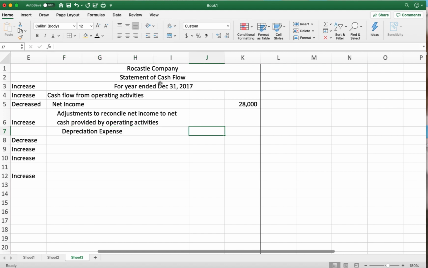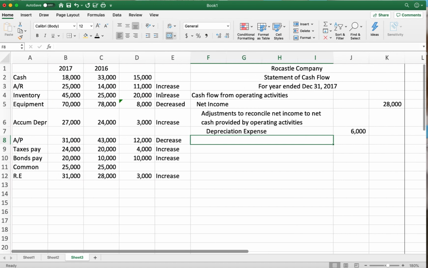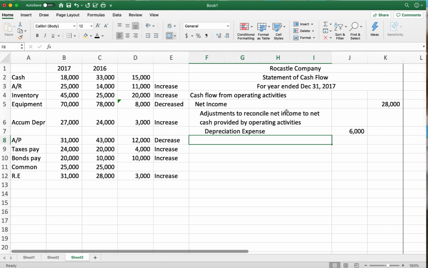Okay, notice I'm coming to the middle column. I'm not going all the way to the left. The problem tells us our depreciation is 6 grand. Okay, so then I'm going to indent. So the next thing we have is I'm going to put them in.